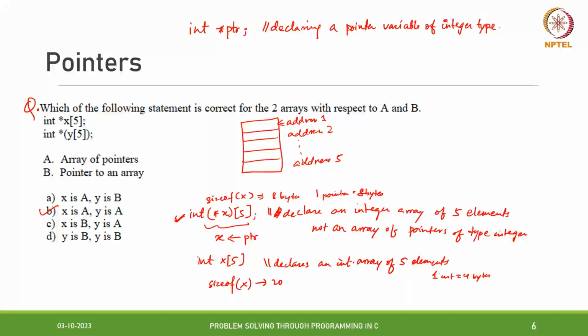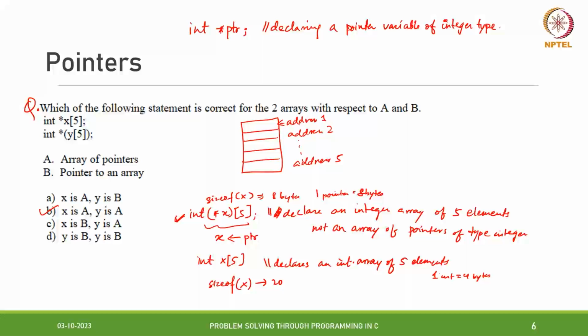So basically I'm making a difference between star of x and x. If I have declared the array like this, star of x in parenthesis and then 5, and I say x only, it is the pointer. Here also, if I say x only, that is the pointer.